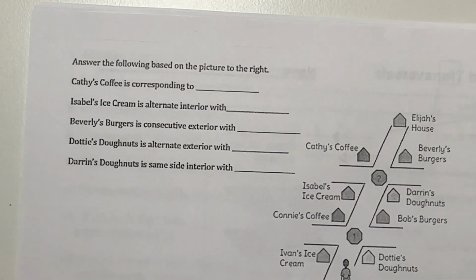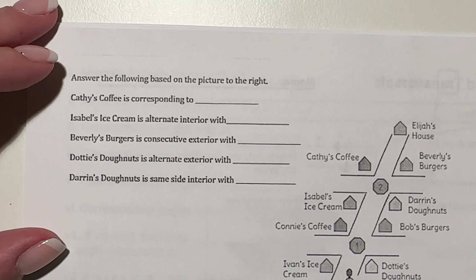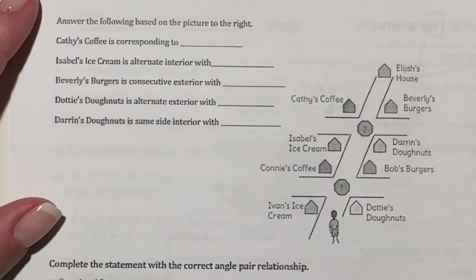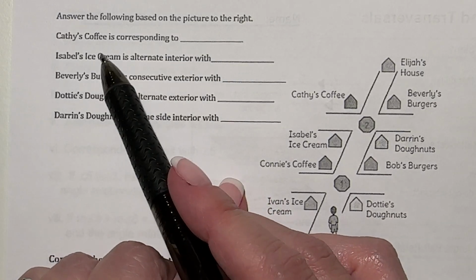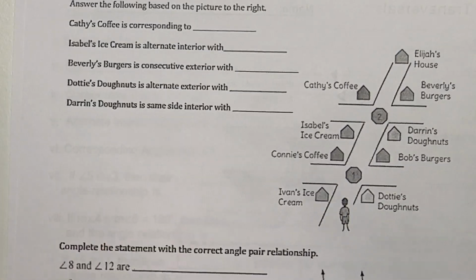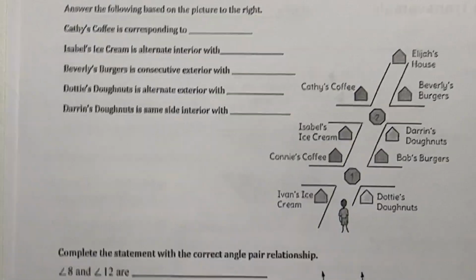Okay, so it says, answer the following questions based on the picture to the right. All right, so let's take a look at what we got here. Kathy's coffee corresponds. So let's take a look back and see what a corresponding angle is, because we might not remember.